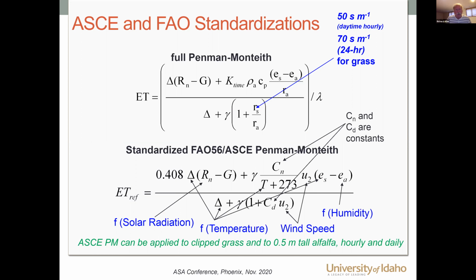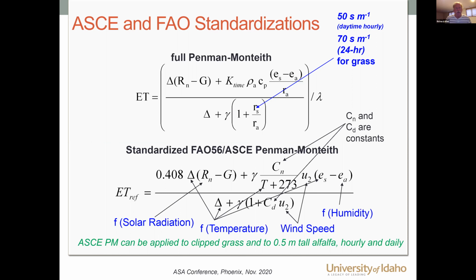And so that's why the Penman-Monteith was adopted. It's a very physically based equation given the availability of only the four weather parameter types: solar radiation, temperature, wind speed, and humidity. So the top equation we're seeing here is the full Penman-Monteith with the resistances.